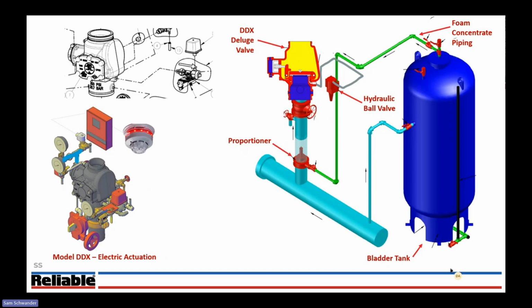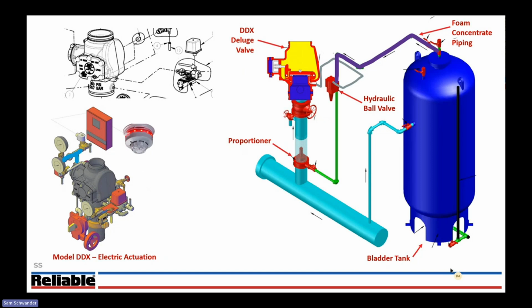Once we get this system set up, I just want to note that we have that bladder tank, that pressure vessel, and the water supply pressure exists in that bladder tank before the system is tripped. So we're squeezing the bladder and forcing the foam concentrate up to the normally closed hydraulic ball valve you can see on the right.